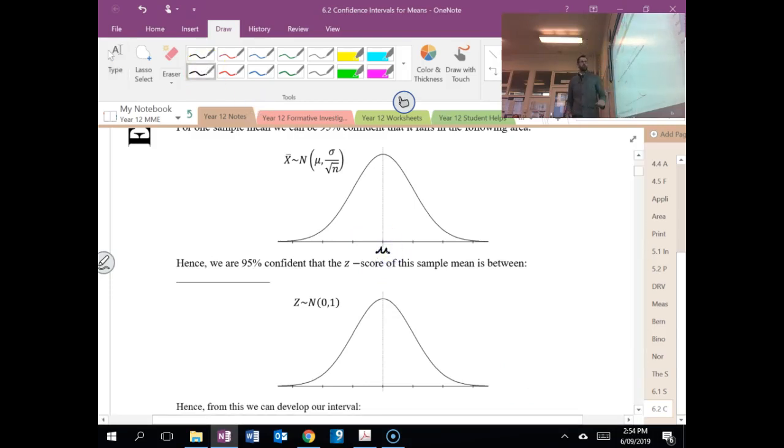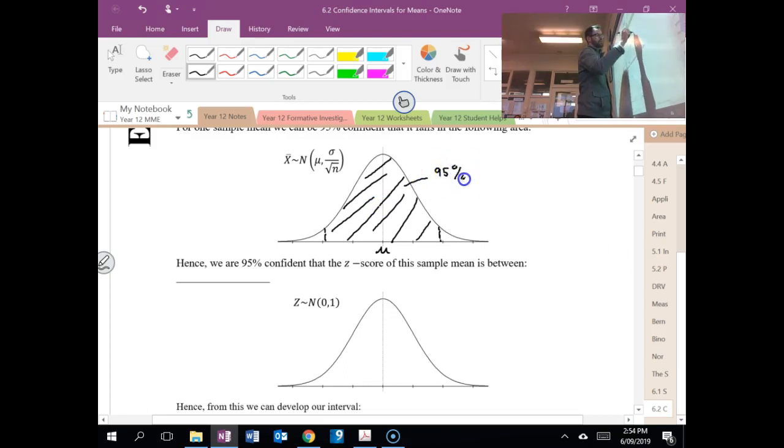And the standard deviation is the standard deviation of the original distribution divided by the square root of n. Now, I can put, say, 2 vertical lines there, and I can colour in this area. And what I'm going to say is that this is 95% of my area.